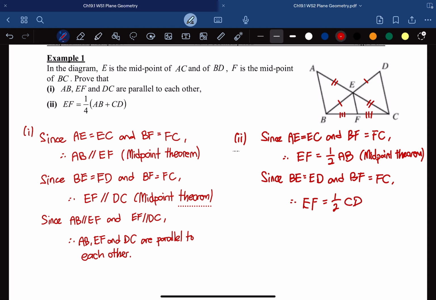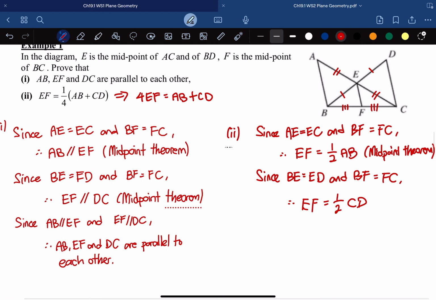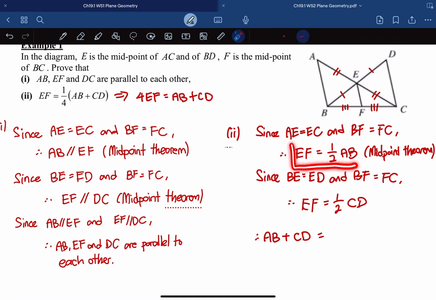Okay, so from here now, we can now form the conclusion AB plus CD. Okay, because over here I have AB plus CD, right? So essentially what this question is asking us to find is that 4 times EF is equal to AB plus CD. Okay, so let's find what is AB plus CD. In this case over here, therefore, AB plus CD is simply equals to, based on this equation here, half AB equals to EF. So therefore, it is 2EF plus 2EF as well.